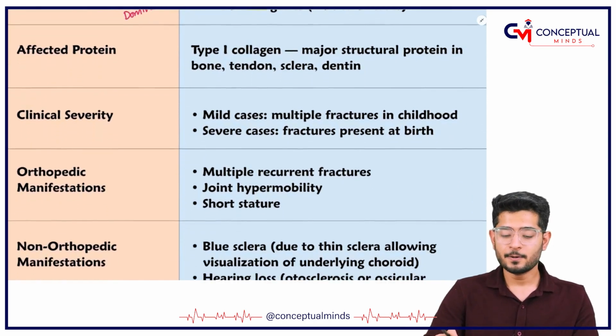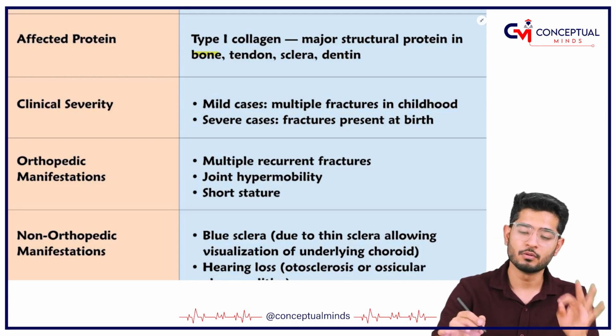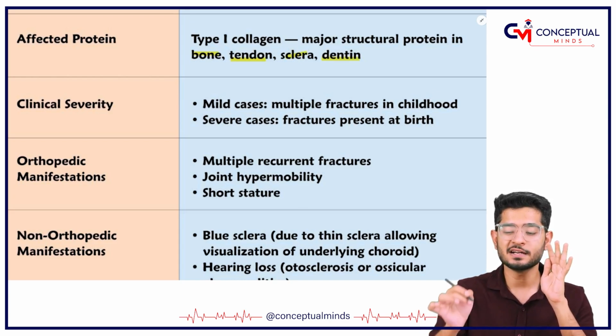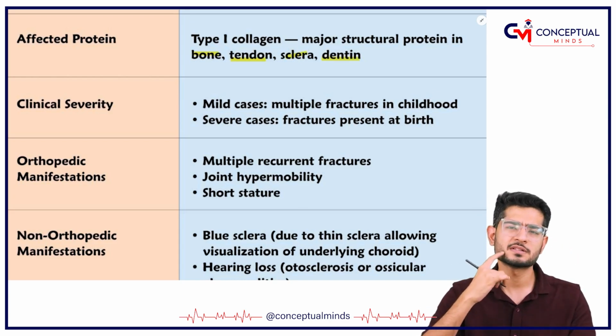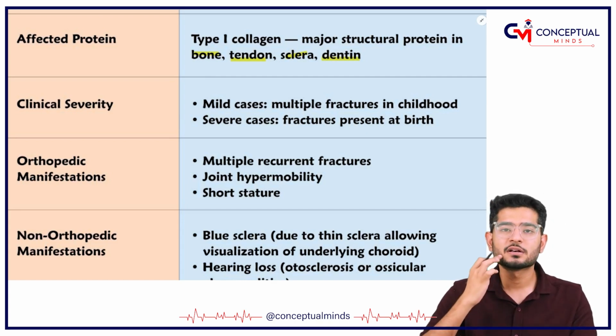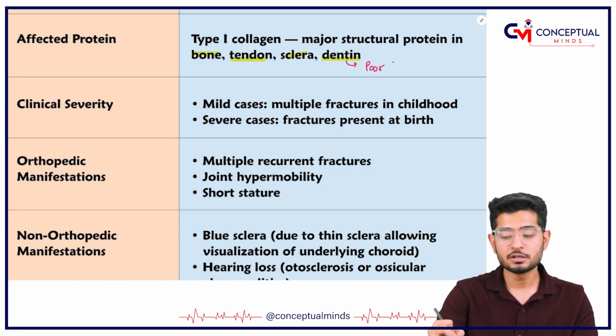Basically, type 1 collagen is not going to form, so there will be a defect in bone, tendon, sclera, and also the dentin. Dentin is a structure in the teeth, so the child will present with poor dental hygiene and poor teeth quality.